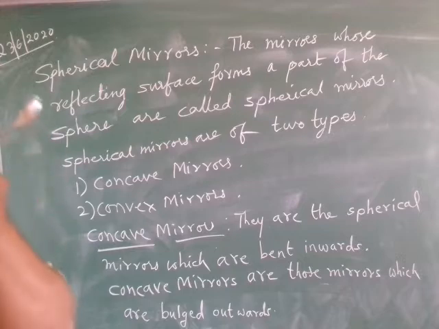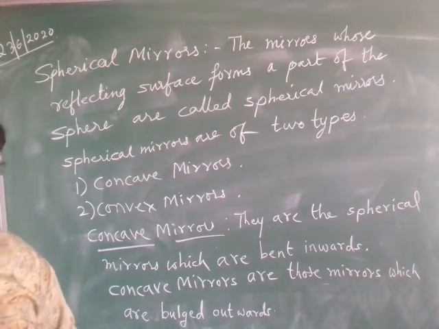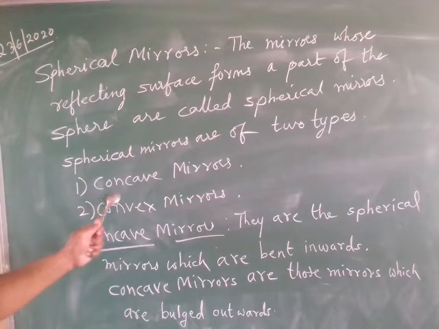Now we will see how many types of spherical mirrors there are. Spherical mirrors are of two types. They are concave mirror and convex mirror.